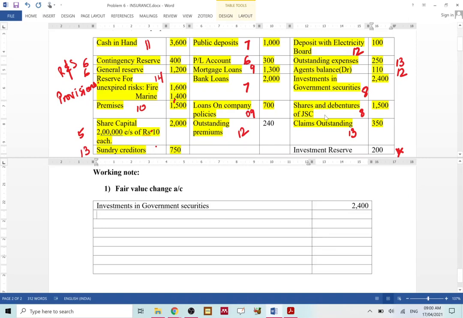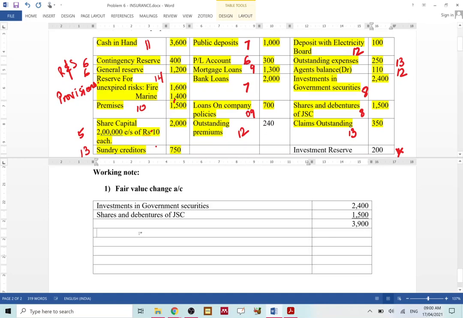Shares and debentures of JSC, 1500. Take all the types of investments that you have and add them up first. Add the values of those investments. Got it? Now total this up and you get your total investment. 2400 plus 1500 gives you 3900.